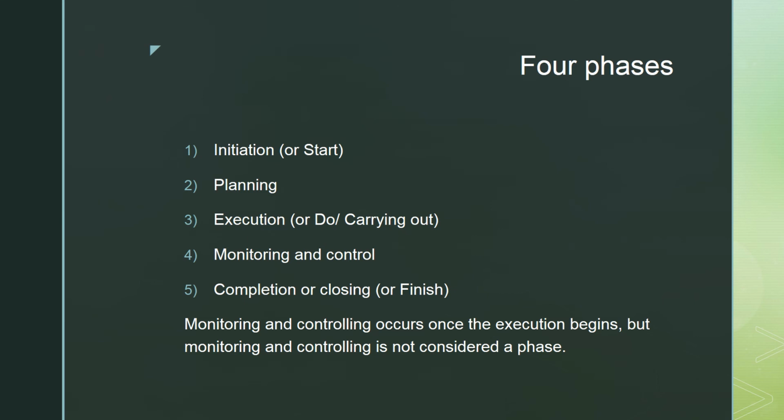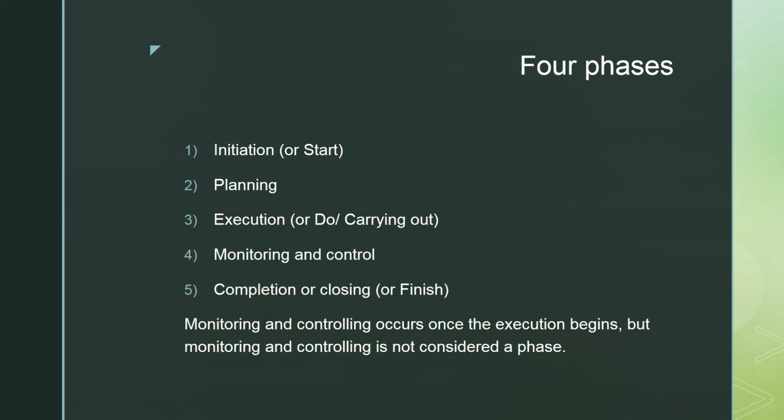Remember when we talked about the role of the project manager, monitoring and controlling is important to make sure people are sticking to budget, people are sticking to the plan, and people are performing their roles as expected, and people are sticking to what they've been assigned to do. So there's no confusion, right? Monitoring and controlling is important. They're working to time. It is important, but it's not a phase.